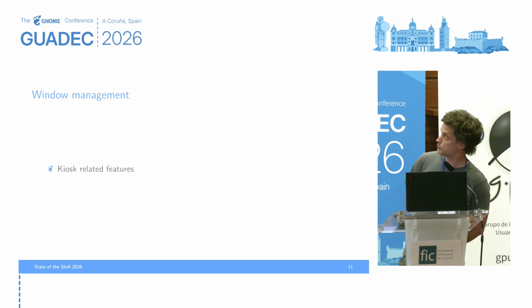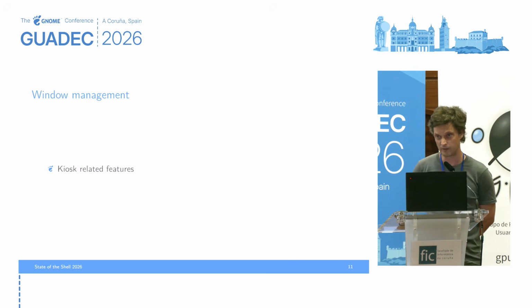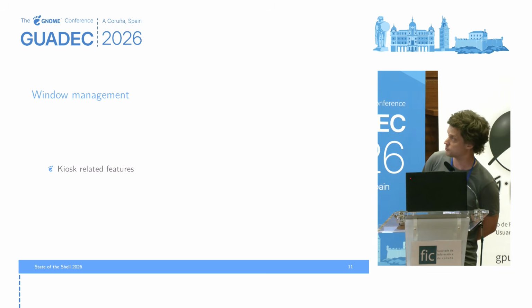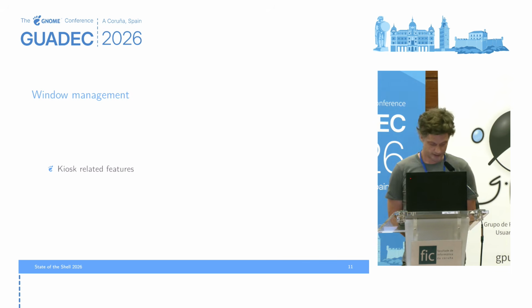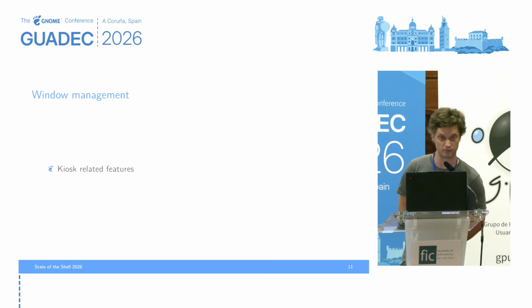There were also some changes in window management. It was somewhat driven by the needs of the kiosk. I don't know how many know about the kiosk mode or kiosk compositor, GNOME Kiosk. It has certain needs. It needs to be in control of the windows and how they are positioned, and lots of window management features were driven by the needs of kiosk, but I think many of them will be usable for extensions and any kind of general improvements to the window management that we have.